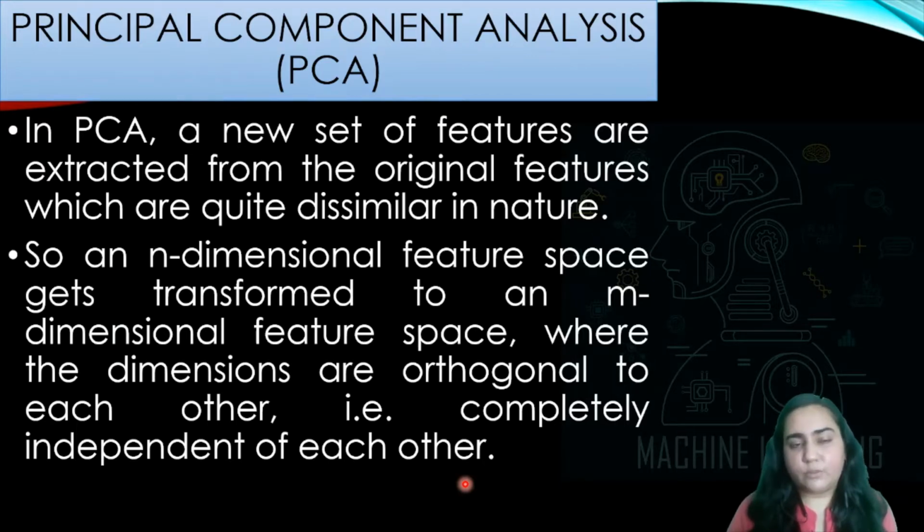To solve that problem, you could use PCA, because it finds features which are closely associated with each other, combines them and converts them into new features. And so whatever new set of features you get will be orthogonal. Orthogonal means they are not at all related to each other.